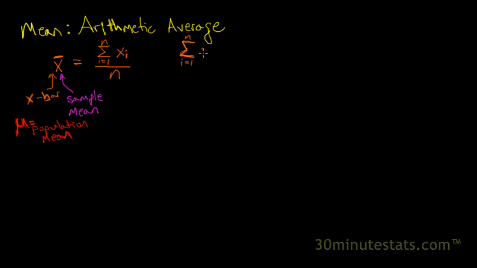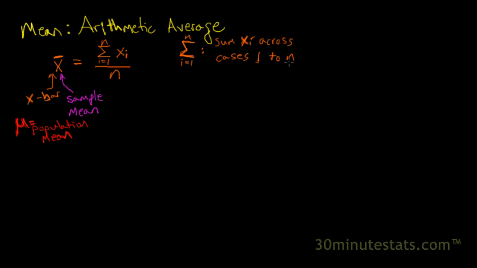All this is saying is that we need to sum x sub i, or the value of the variable x for each observation i, across cases 1 to n.